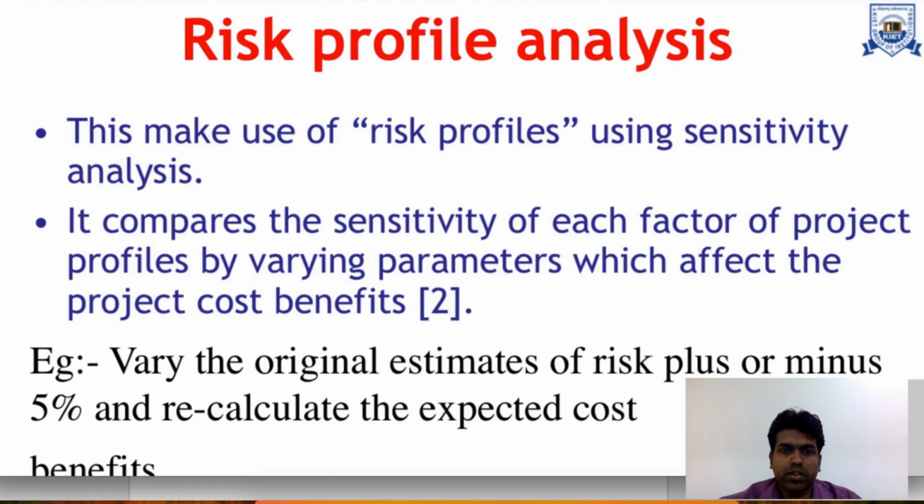So here we can vary the original estimate of risk in plus or minus. It depends on the scenario. So we can take 5% plus or minus, as it is taken in this example, and then after that we can recalculate the expected cost and benefit accordingly.